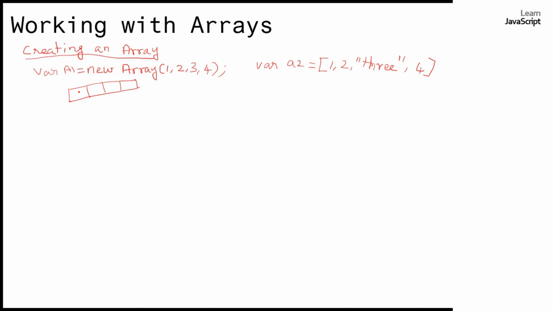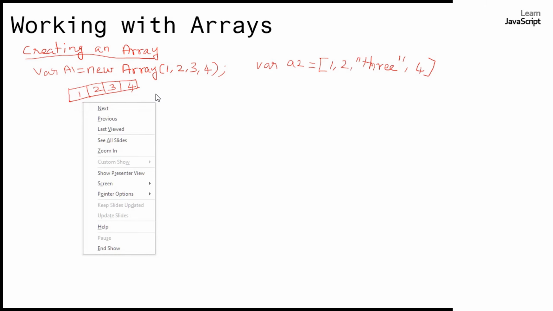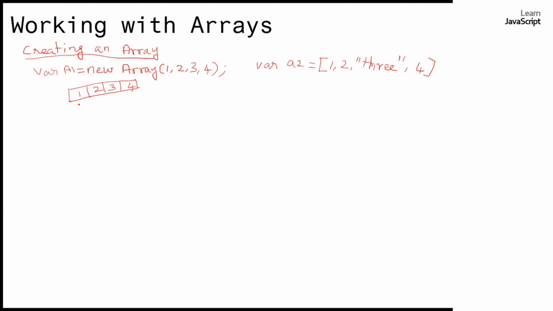and each cell will hold a value 1, 2, 3 and 4, and the elements are indexed 0, 1, 2 and 3. So this memory location is pointed to by a1.